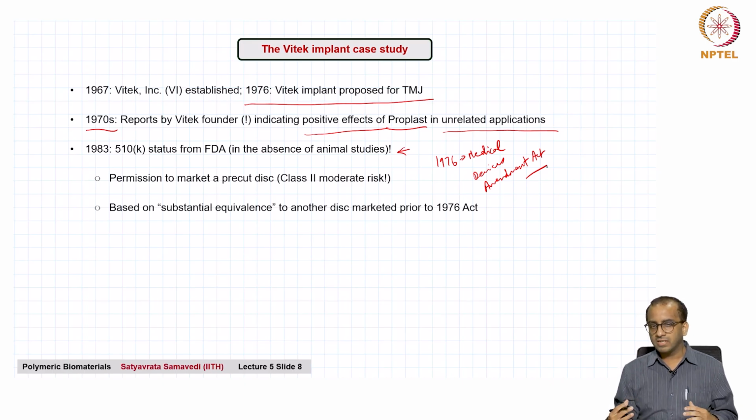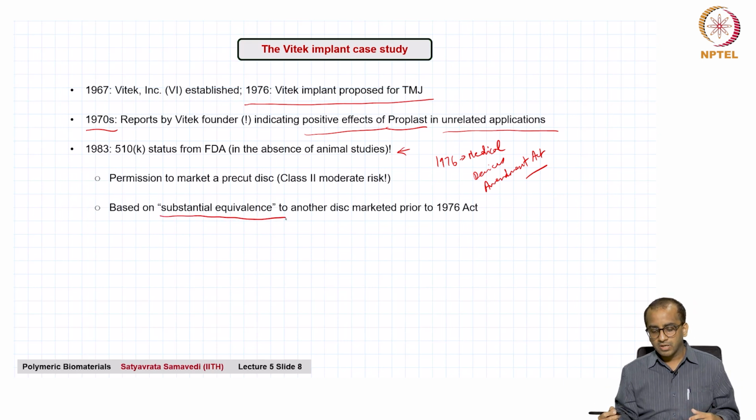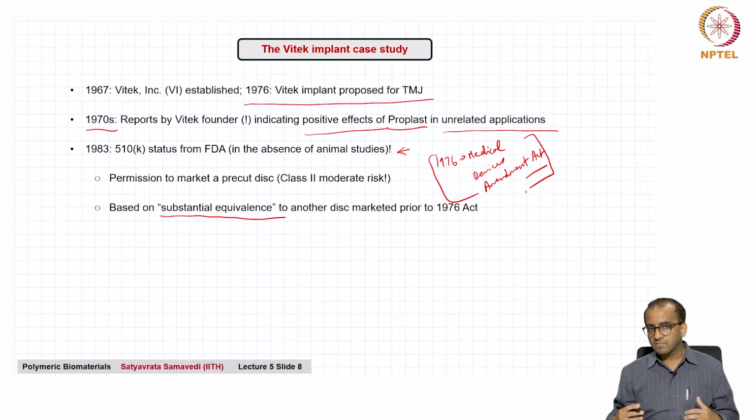One could, in hindsight, seek permission from FDA based on what they called substantial equivalence. So, just to put that in context, this was the act that required the classification of materials or devices, to be more precise, into 3 classes based on the risk level.